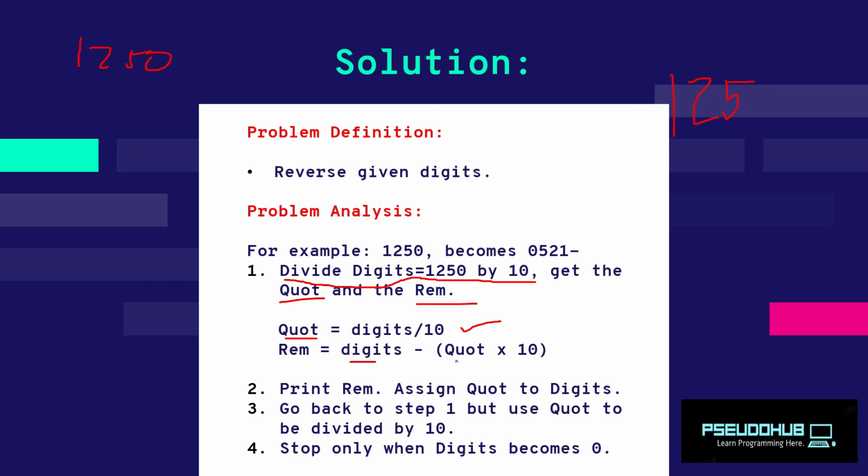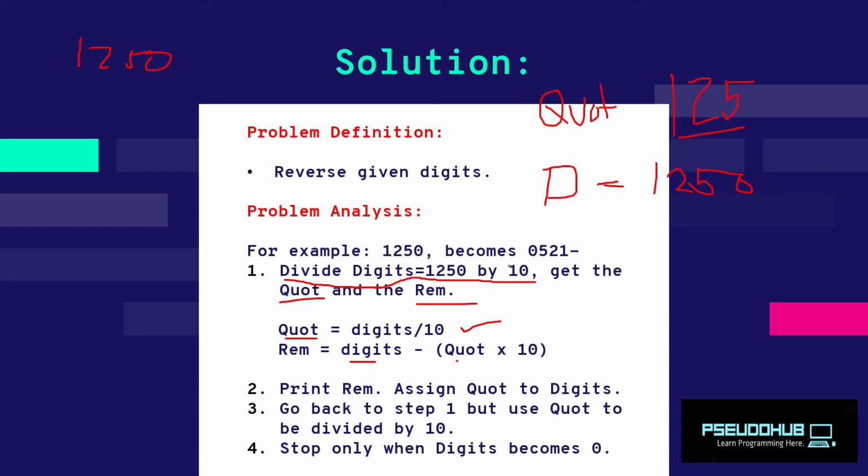Let me go back to make it clearer. Digits, which is 1,250, divided by 10, the answer is 125.